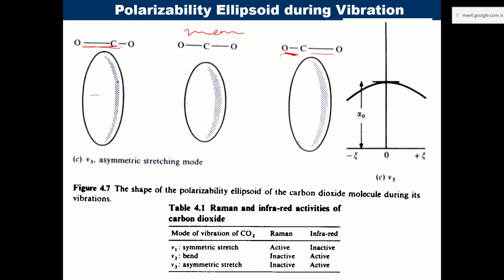So again the shape of the ellipsoid on the left hand side and right hand side is the same shape and size. So the change on this side is the same. When you draw alpha versus q, here it is shown that d alpha by dq again comes out to be 0.